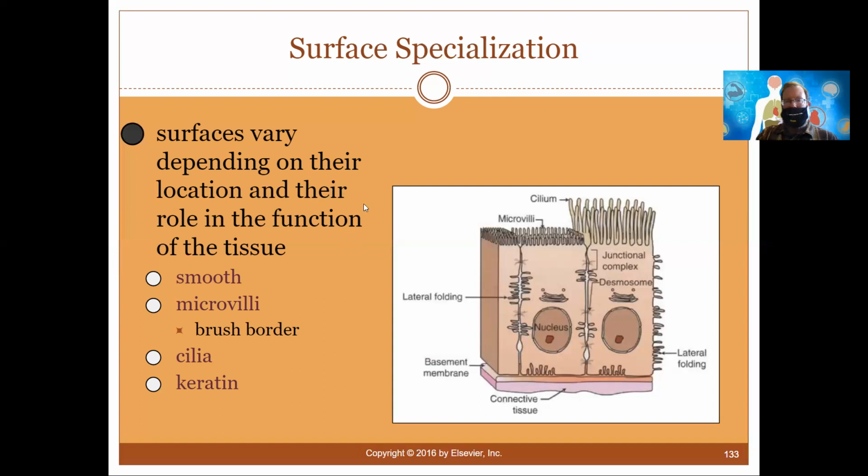We do see some stratified squamous as well, especially in the nasal cavity, just because it's such a high traffic area. Okay, so mucosal layer. Basically, the respiratory and digestive tracts are covered with mucosal membranes. The mucus, remember, is a thicker fluid.